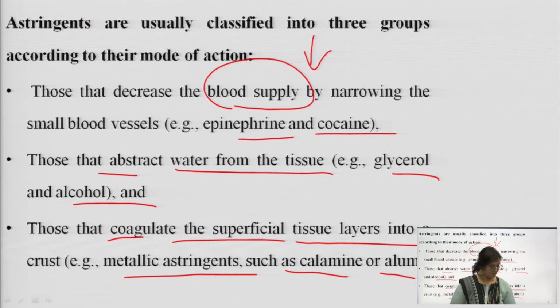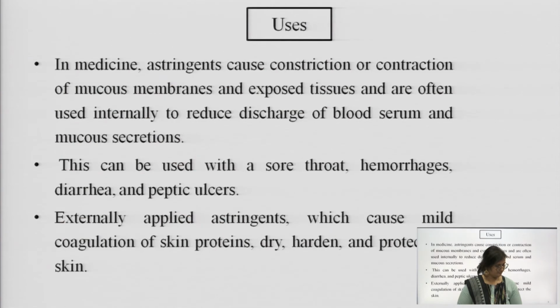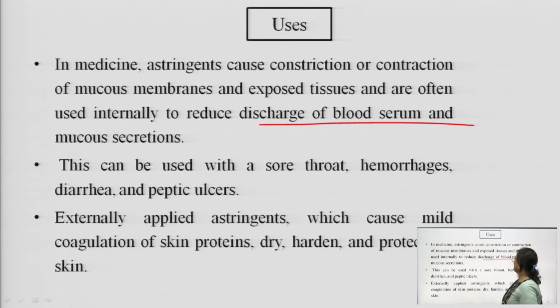Now we shall move on further to look into uses of astringents. In medicine, astringents are responsible for contraction or constriction of mucous membranes and other exposed tissues, and are often used internally to reduce the discharge of blood, serum and mucus secretions.